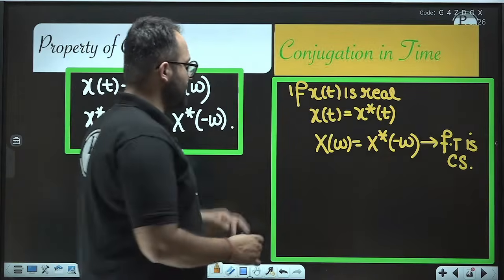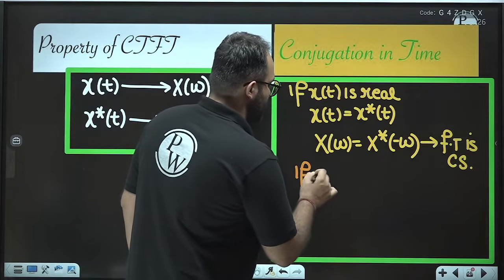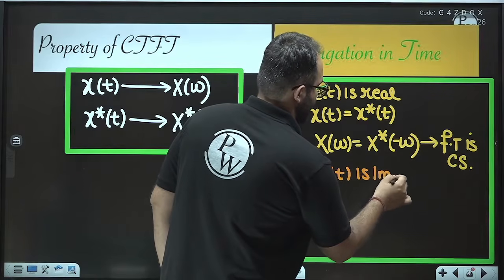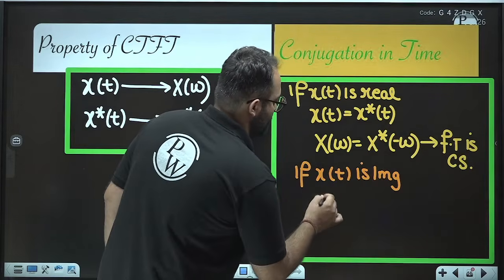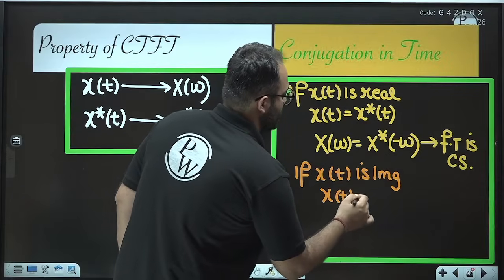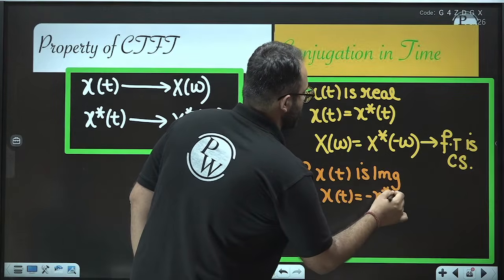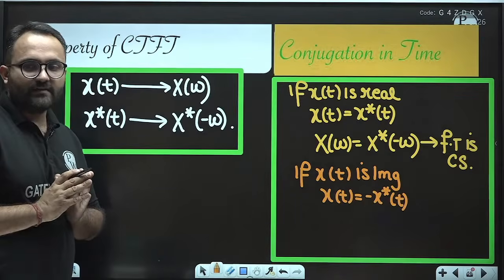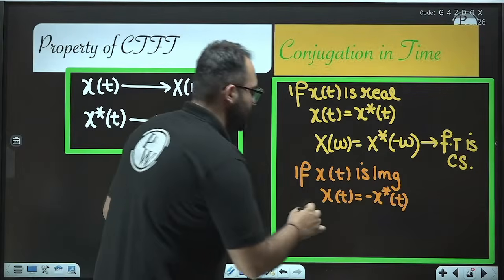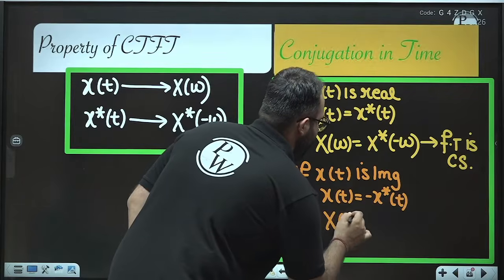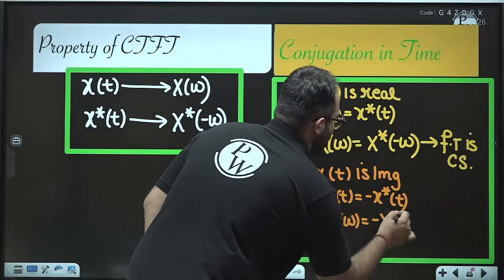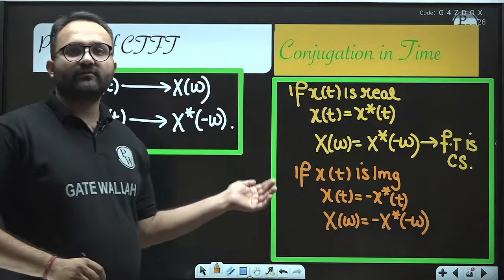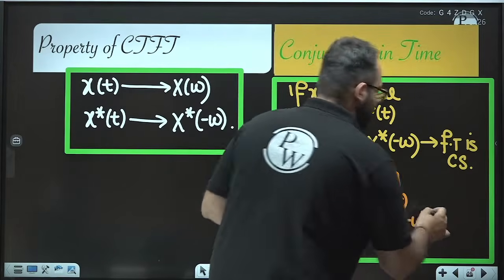Similarly, we can say that if x(t) is imaginary, then x(t) will be equal to minus times its conjugate, and thus from here we get X(ω) equal to minus times X conjugate (-ω). So we can say that the Fourier transform is conjugate anti-symmetric.